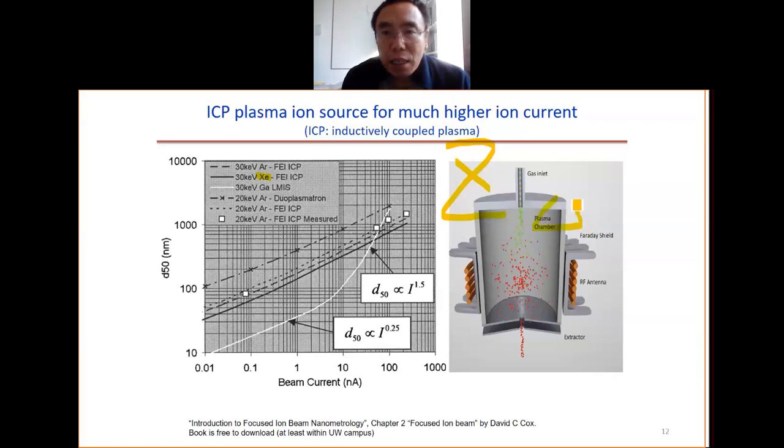Secondly, the energy spread delta E for xenon is smaller than for argon. The third reason, xenon is easier to ionize than argon, so you have more ions with xenon.